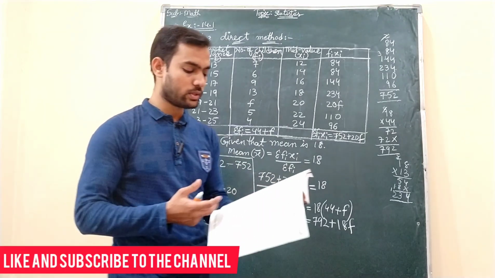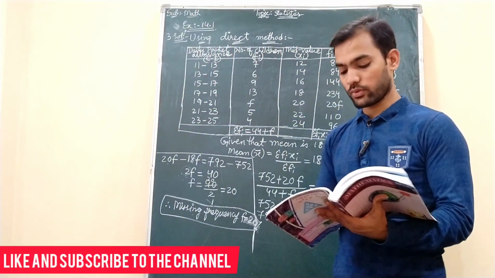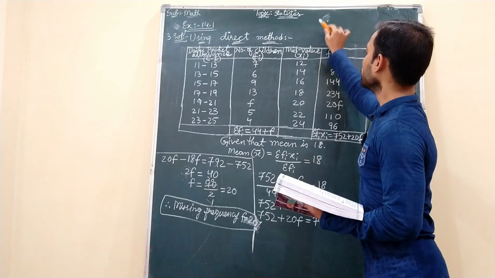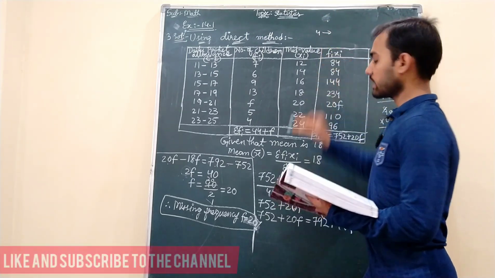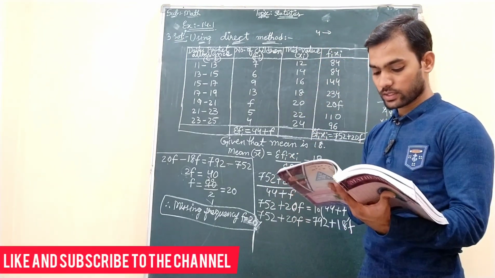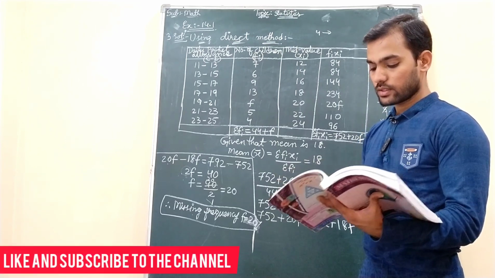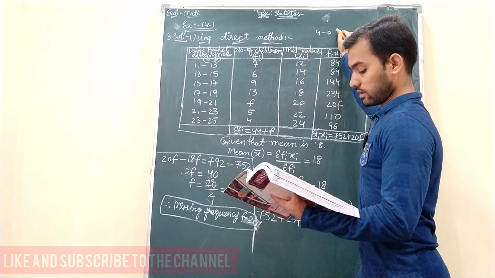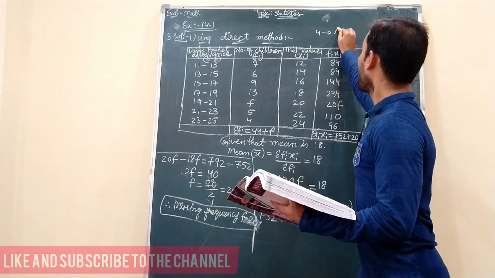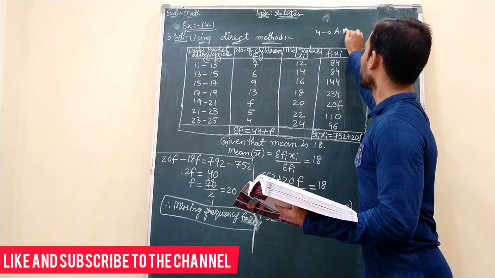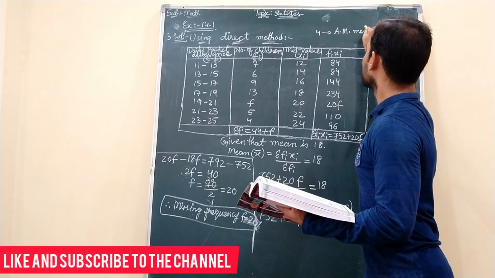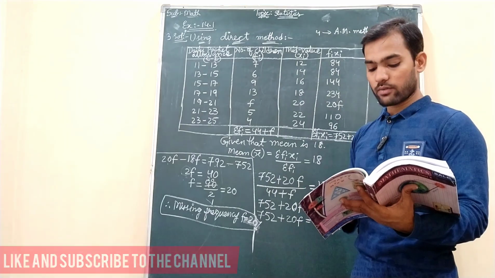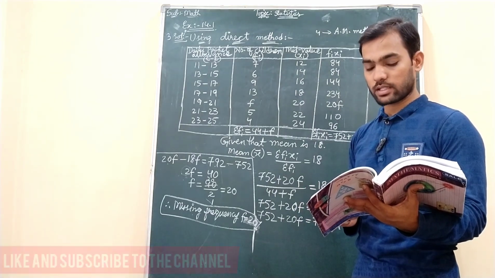I can just give you the hint. If you see question number 4, this 4th question you can solve using the assumed mean method. Okay, the 5th one I have already explained using the step deviation method, right?